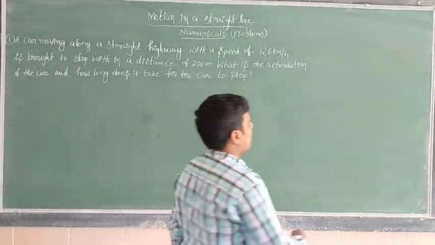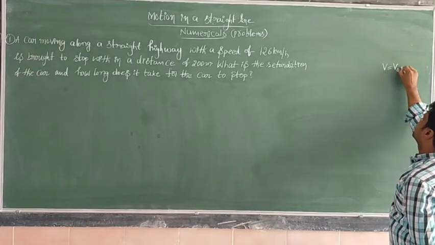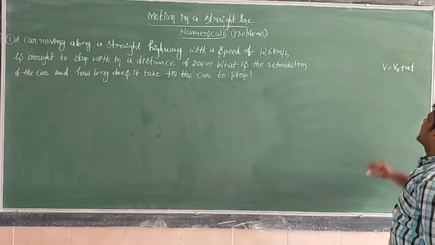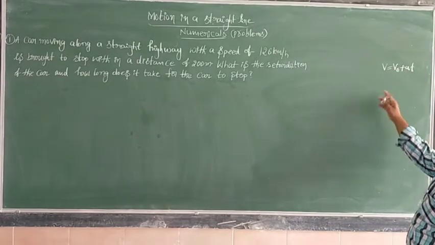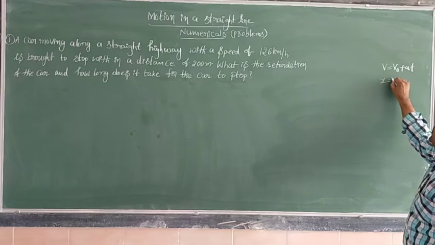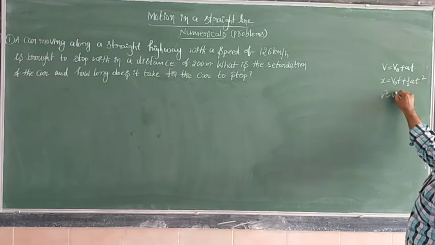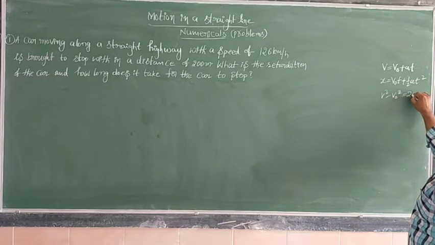That means, in order to solve these problems, we have to use three kinematic equations: v equal to v naught plus at, x equal to v naught t plus half at square, and v square minus v naught square equal to 2ax.